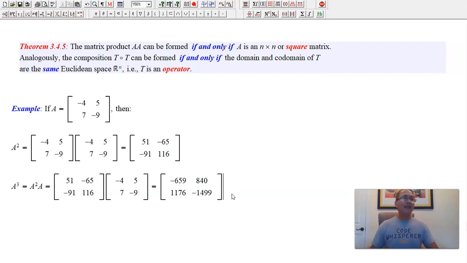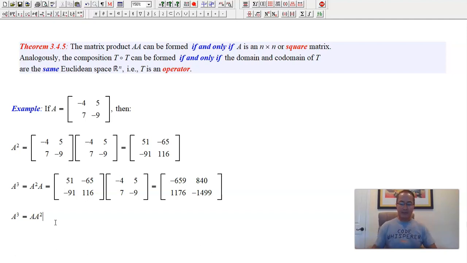But before we get carried away, isn't there another way to think of A cubed? Can't we also think of A cubed as A first multiplied by A squared? Let's reverse the order. Now wait a minute. Just a few minutes ago, I was telling you, you can't just reverse the order of a matrix product and expect to get the same answer.